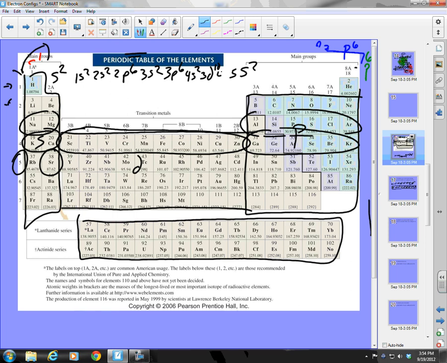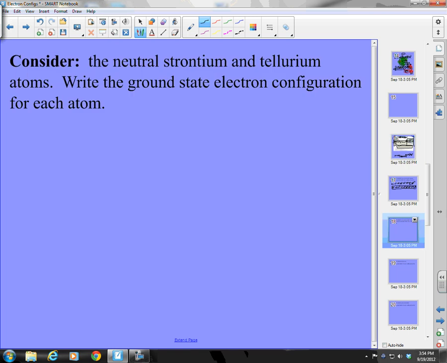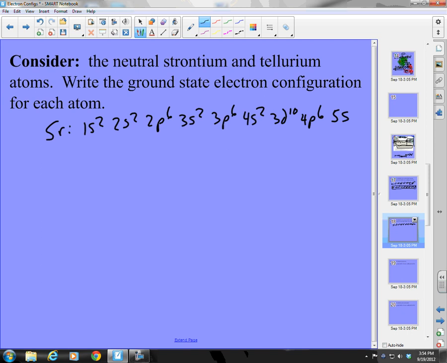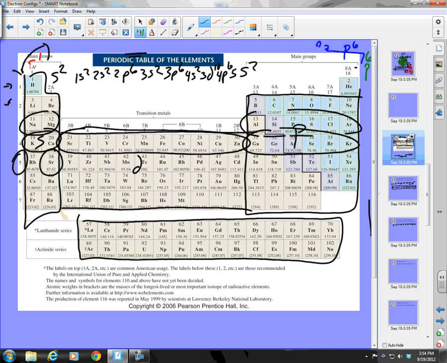Back to 4p6. So that would be my strontium. Ready? 1s2, 2s2, 2p6, 3s2, 3p6, 4s2, 3d10, 4p6, and 5s2. Good? I think that's correct.